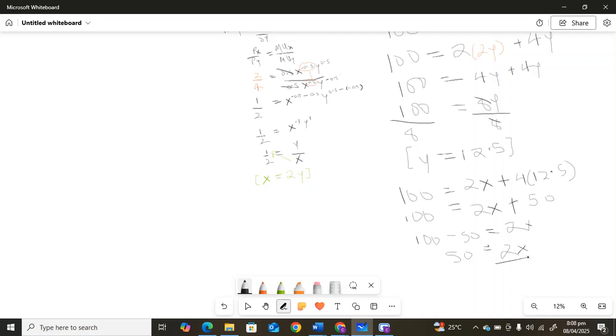Get the value of x: 50 divided by 2, that is 25 units.